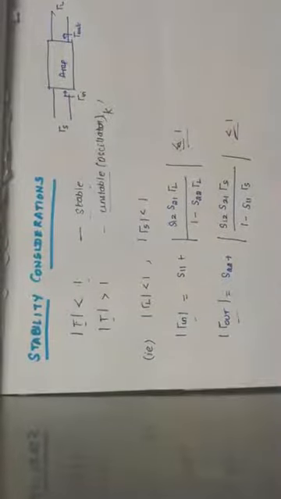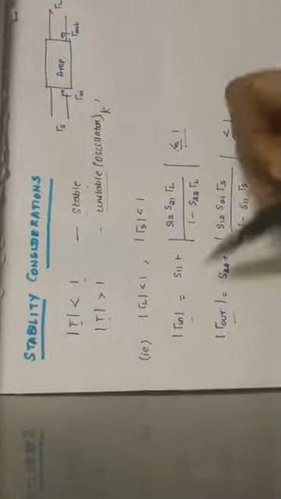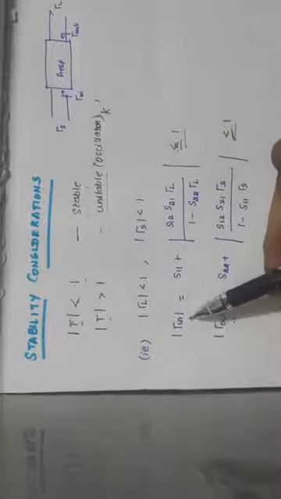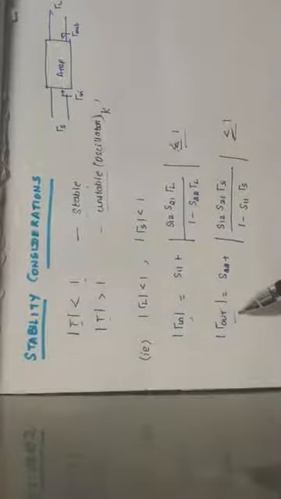Using this condition, let us check at which points our amplifier is going to be stable and where it is going to be unstable. I am taking the two reflection coefficients of the amplifier: tau in, the reflection coefficient at the input of the amplifier, and tau out, the reflection coefficient at the output.